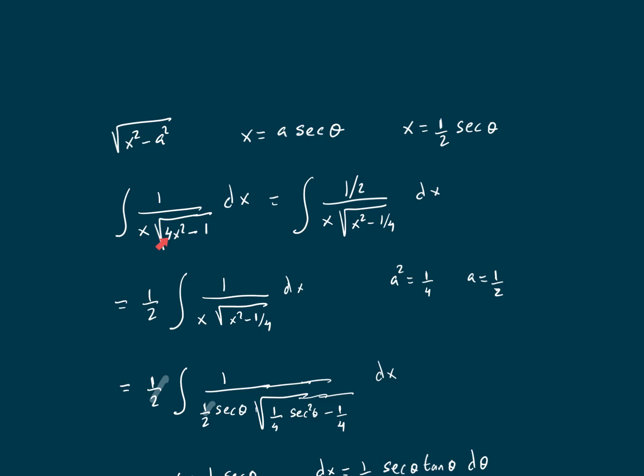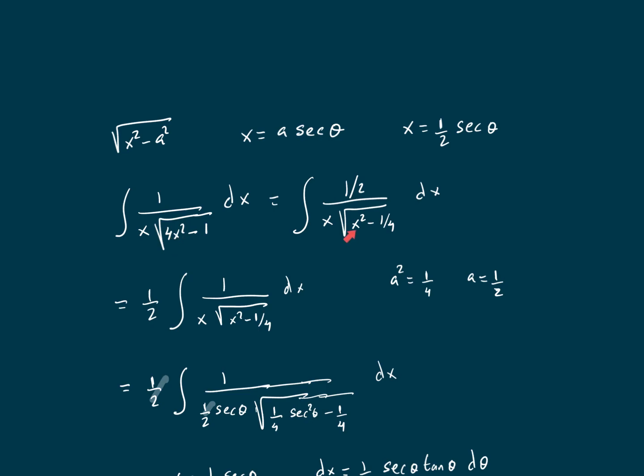So what we will do is we divide the numerator by 2 and the denominator by 2. If we divide the numerator by 2, it will appear 1/2. If we divide the denominator by 2 and we go inside the radical, we divide by 4, because 2 squared is 4.